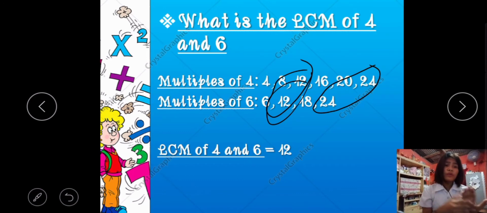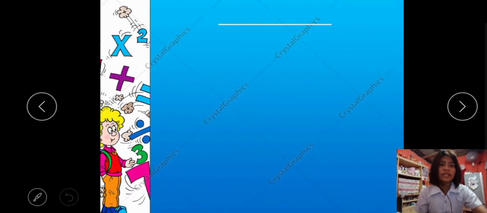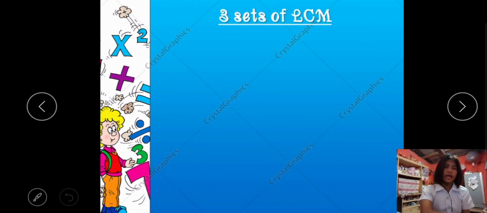Sometimes, we will encounter three or more sets for the LCM. Again, to find the LCM of three or more numbers, we need to list the multiples of each number and get the smallest number that they have in common.